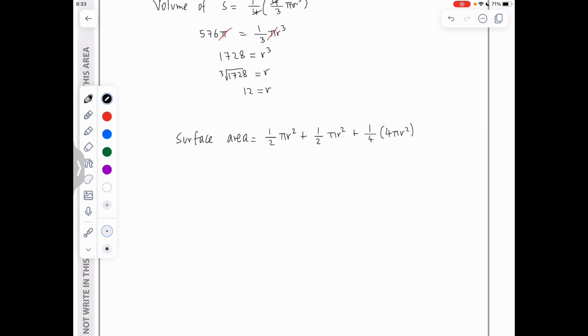Now the half pi r squared and the half pi r squared give me pi r squared, plus another pi r squared, because the 4 with the 4 will cancel out. This gives an answer of 2 pi r squared, and we know that the value of r is 12, so this should be 2 pi times 12 squared, which gives an answer of 905 square centimeters, correct to 3 significant figures.